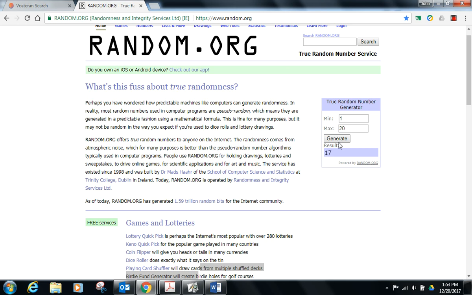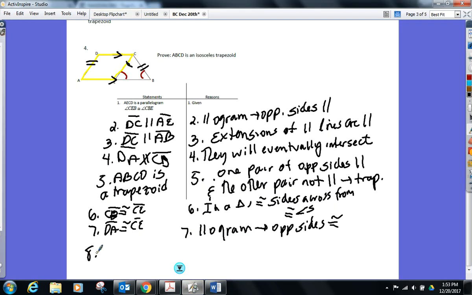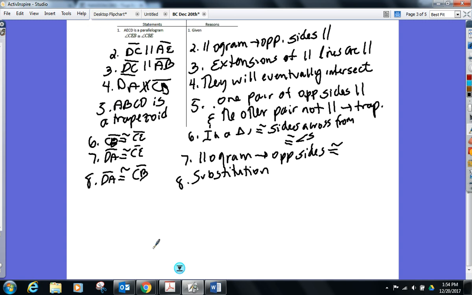Finish cleaning this up with it again. Substitution. Whew, nine steps, huh? Feeling good about yourself. Now it's an isosceles trapezoid. ABCD is an isosceles trapezoid.